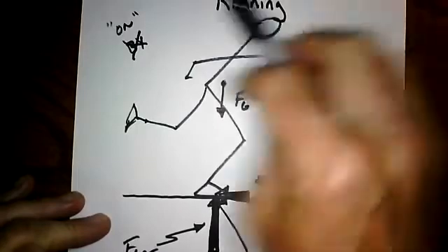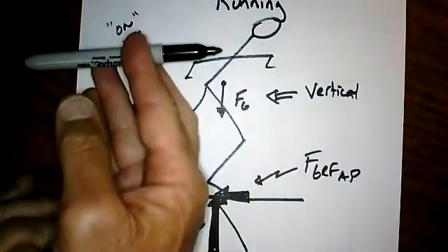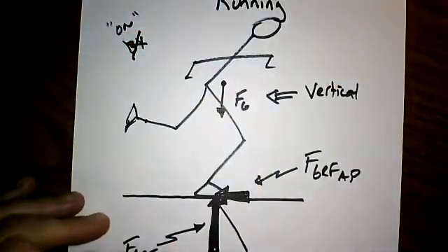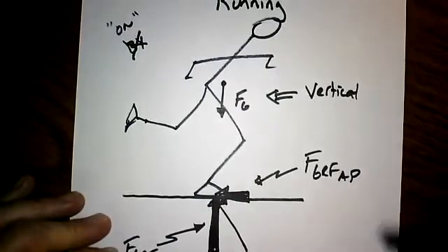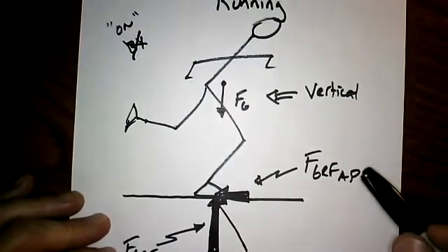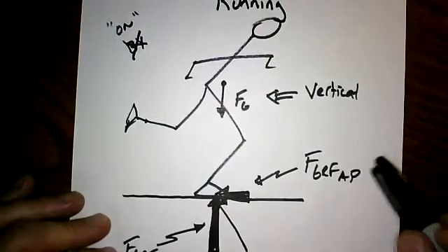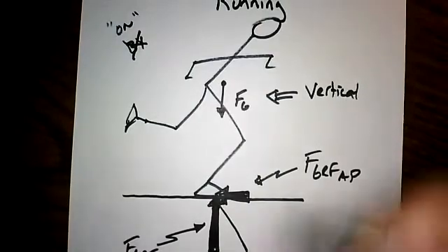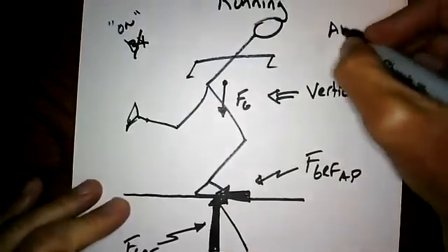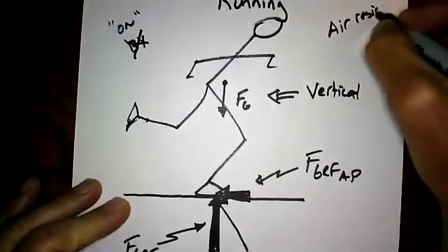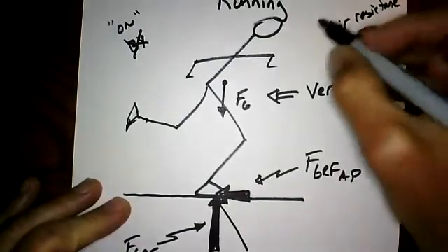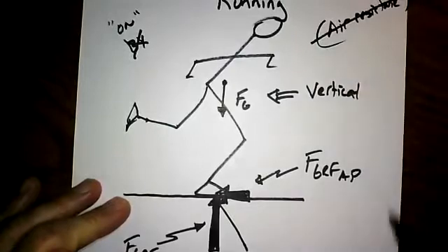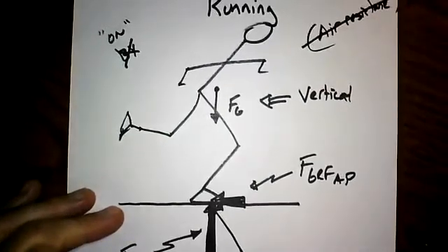It could be a headwind or a tailwind, and there are rules in running about how fast the wind can be for a world record to be allowed. Headwind obviously doesn't matter, but tailwind does. For now, I'm not going to deal with air resistance. We'll deal with that later in a more detailed presentation on factors that influence running performance.